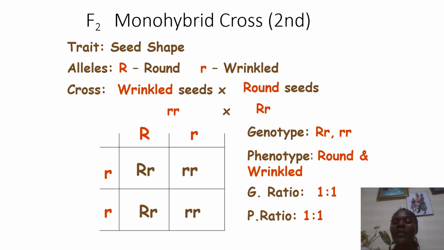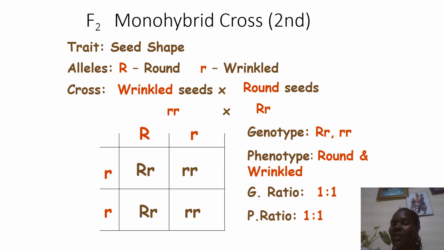So you'll talk about the genotypes, capital R, small r, that is heterozygous, and small r, small r, homozygous recessive, which brings the phenotype. You'll have both round and wrinkled. So the genotypic ratio will be 1:1, while the phenotypic ratio will also be 1:1. Remember, the recessive allele is expressed only when it is in the homozygous recessive state.